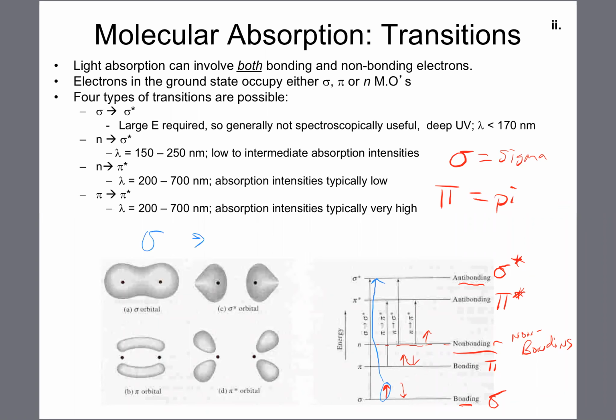So because of that, chemists don't usually do electronic spectroscopy on this type of transition for a couple of reasons. One is you need very energetic rays, down even sub-UV range, into the X-ray range. And it's hard to make that light, it's hard to use it, it's dangerous to us, right? So that's one reason that we don't usually use that sigma to sigma star transition.